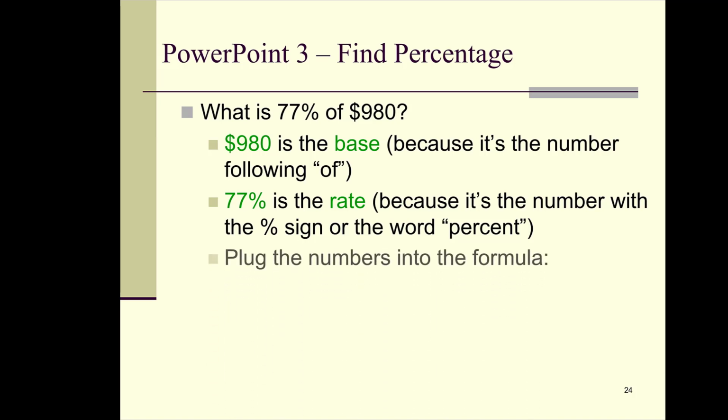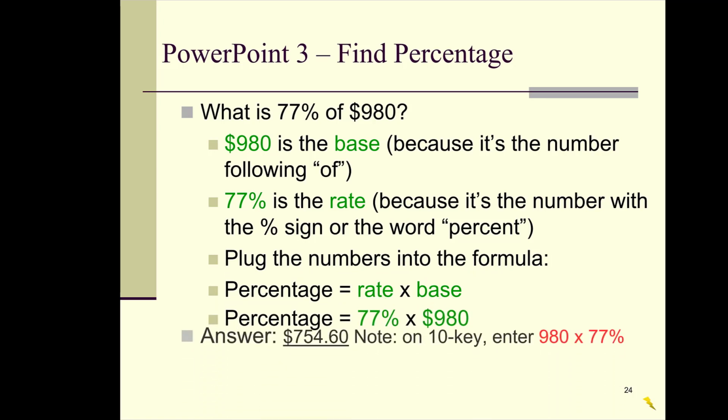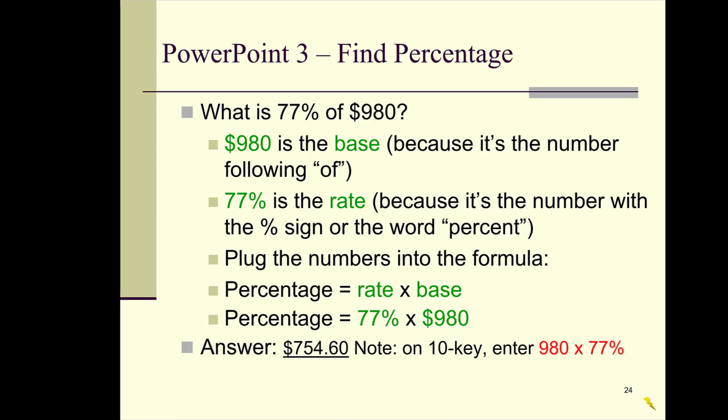So we're going to plug those into the formula. So we get percentage equals 77% times 980. On your calculator, you can enter that as 980 times 77 and then hit the percent sign, and you should get $754.60.